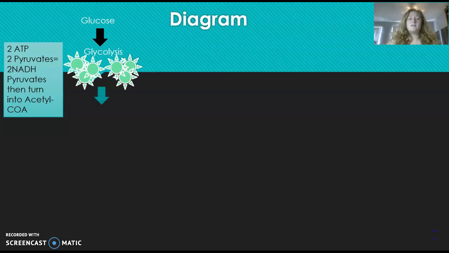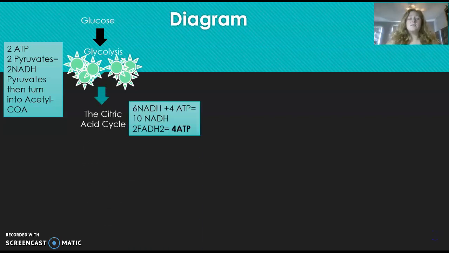After glycolysis, we have the citric acid cycle. During the citric acid cycle, we get 6 NADHs, we get 4 ATP, so we end up getting 10 NADHs. And then we also get 2 FADH2s, which equals 4 ATP. After we get done with the citric acid cycle, we go into the electron transport chain.